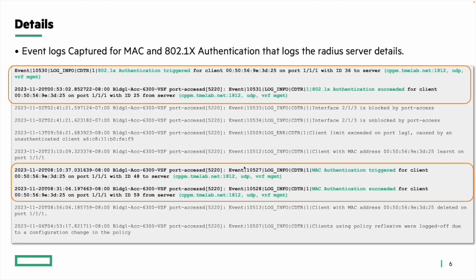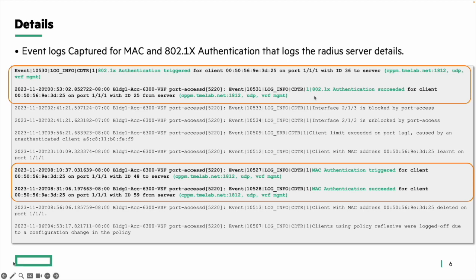Here is an example of event logs captured for MAC and 802.1x authentication that logs the radius server details as a part of this feature update. You can see that in my first set of event logs, 802.1x authentication is triggered for this particular client with the MAC address on the interface 1/1/1, and my radius server, as shown earlier, is cpp.tmelab.net through the VRF management.